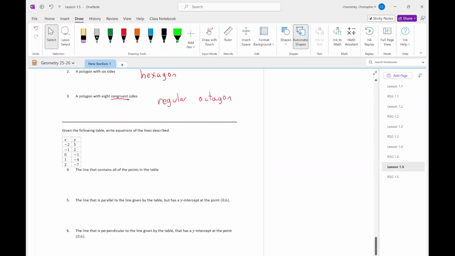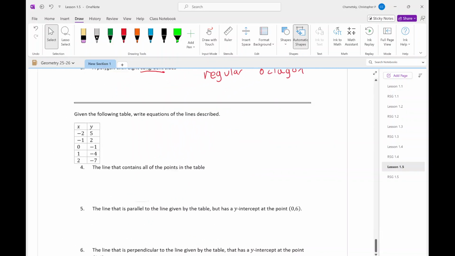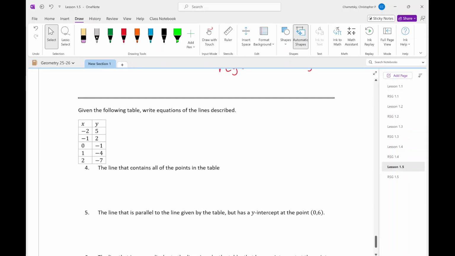All right. A little bit of algebra review. So we have a table here, and we're asked to describe the line that is that table. So they're already telling us that this is a linear graph. Okay. To verify that, though, we can look at how our x and y are changing. So our y is going down -3. Right?